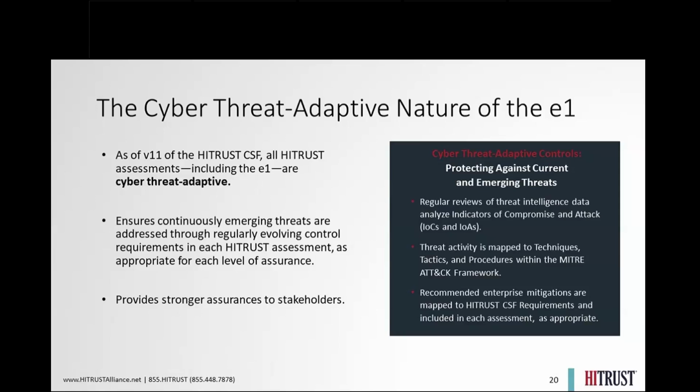And so, as new indicators of attack and indicators of compromise are known, what controls need to change, what controls need to become now required, what controls may need to become less emphasized. And so that's really an important part to us communicating to all of our stakeholders.